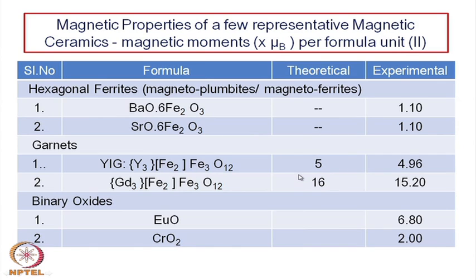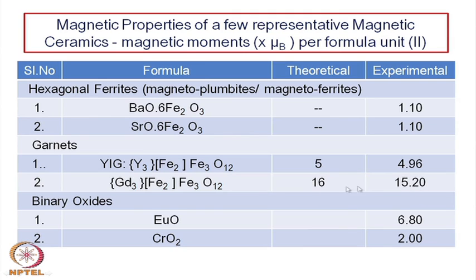One can calculate more or less following the same principle of what we have discussed for the inverse spinel structure or the spinel ferrites. This is 5 and 4.96, but if you replace yttrium by gadolinium, the magnetic moment is extremely high, much larger than anyone else.